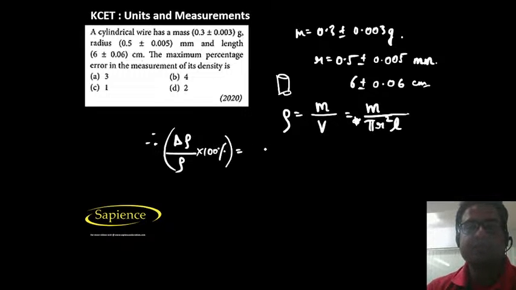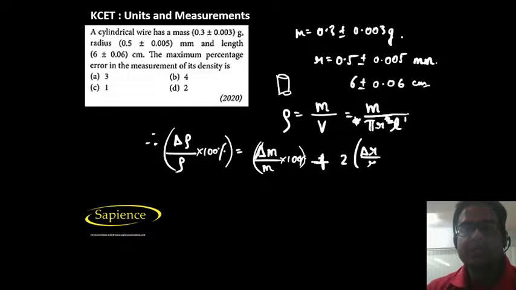That will be the percentage error in the measurement of mass, which is delta m by m into 100%, plus, since the power of r is 2 and the power of L is 1, 2 into delta r by r into 100%, that is 2 into the percentage error in the measurement of radius, plus 1 into the percentage error in the measurement of length, that is delta L by L into 100%.